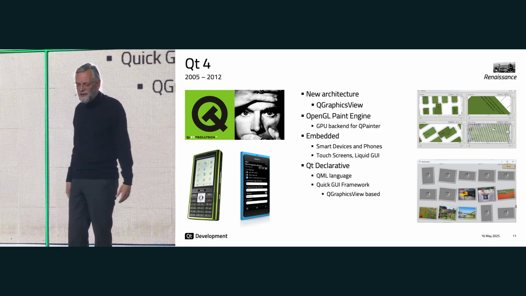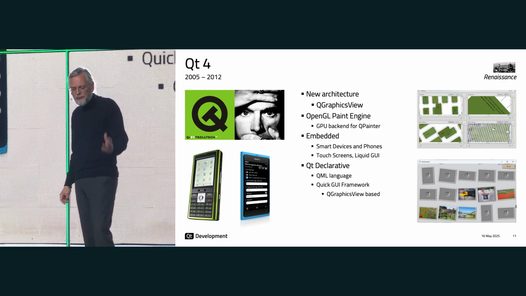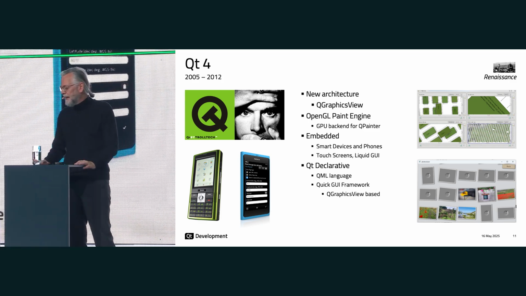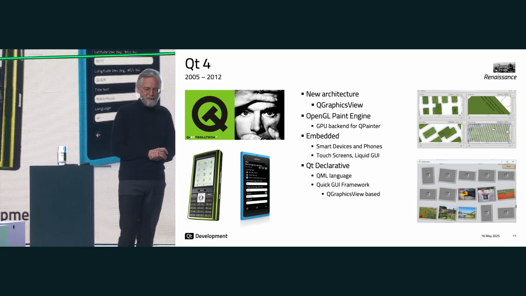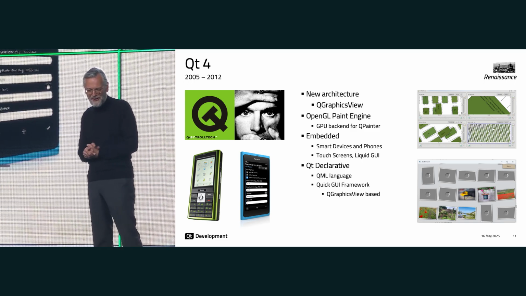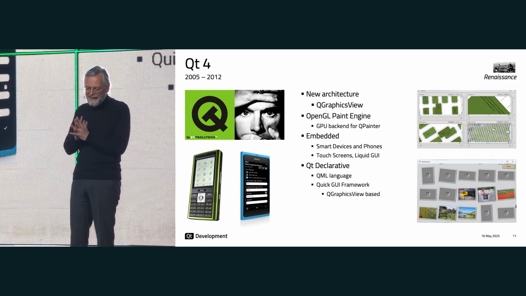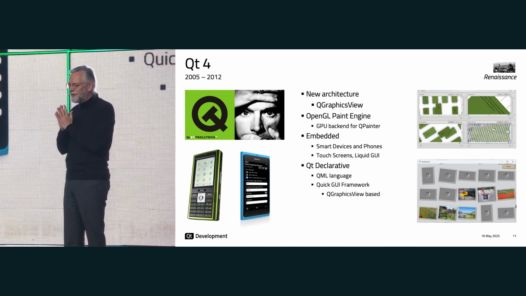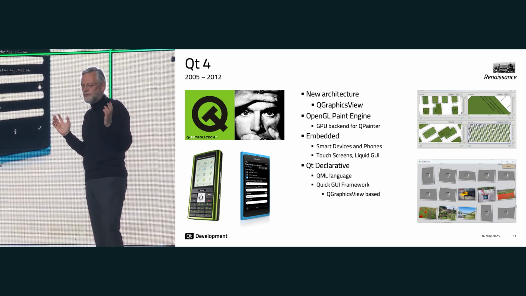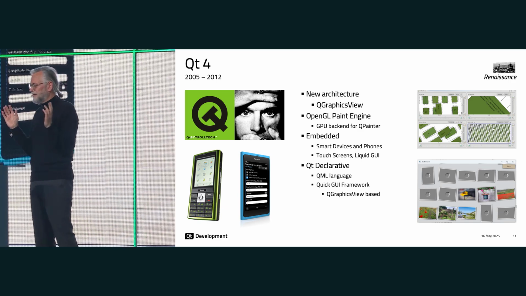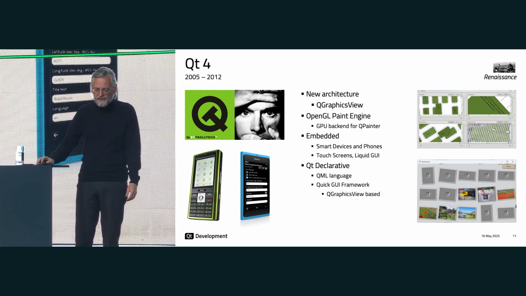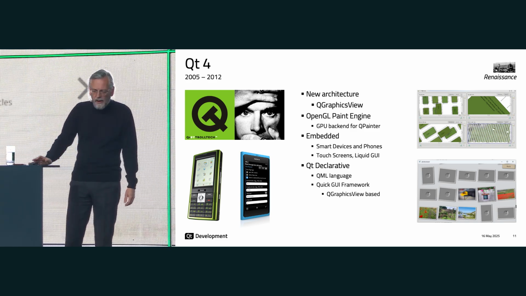And with all these new features, Qt became so cool that even Nokia decided to build their future smartphones with it, as you may have heard. But Nokia really pushed for the graphics to be GPU-based, to utilize their fancy hardware in their modern smartphones.